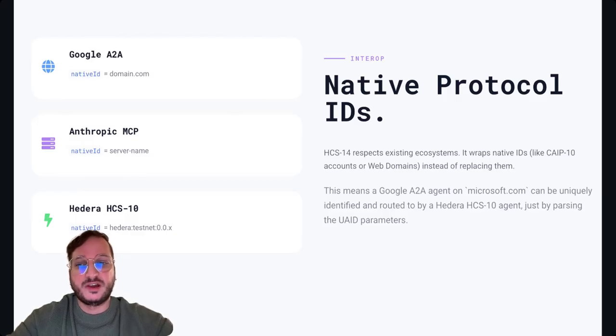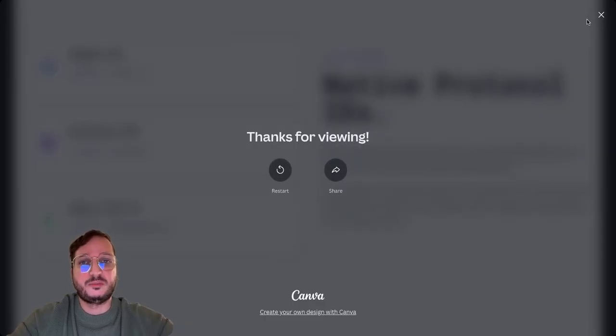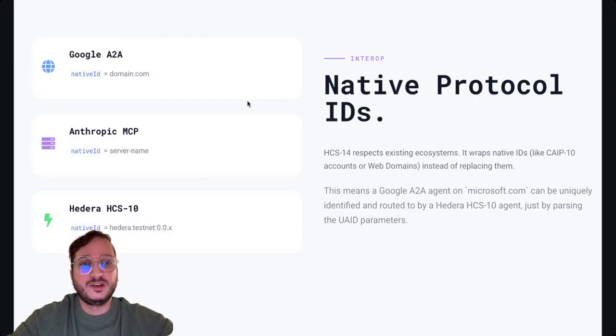For an agent that is issued on Hedera with OpenConvAI, the native ID will be its CAIP formatted ID, which would be, say, Hedera, testnet, and then the account ID. So this allows flexibility where you can use HCS 14 virtually anywhere, support any protocol. And again, HCS 14 is completely chain and network agnostic, meaning you can recognize them in any application layer, marketplaces, wallets, etc.